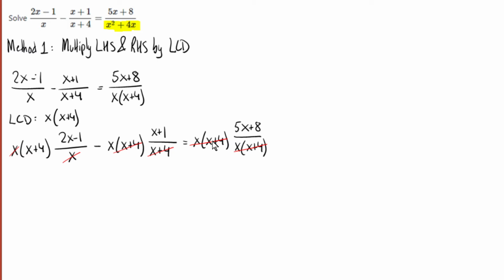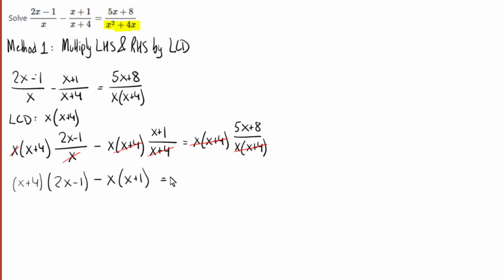And now let's write out what we're left with. From the first term, we're going to be left with two binomials. And from the second term, we're left with x times x plus 1.